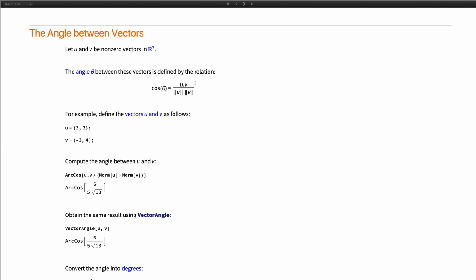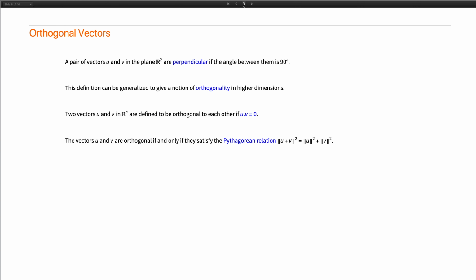The most important point is that if u dot v is 0, then cosine of theta is 0, so theta is 90 degrees, and that is a very important concept in linear algebra, namely the concept of orthogonality. If you're on the plane, then two vectors are perpendicular if the angle between them is 90 degrees.